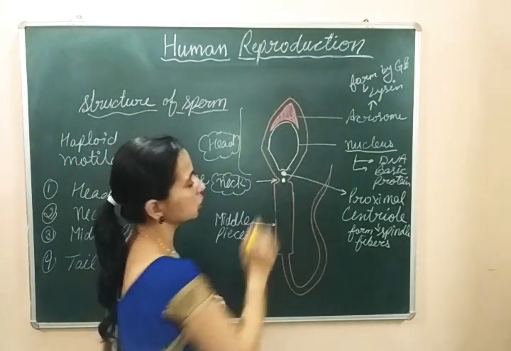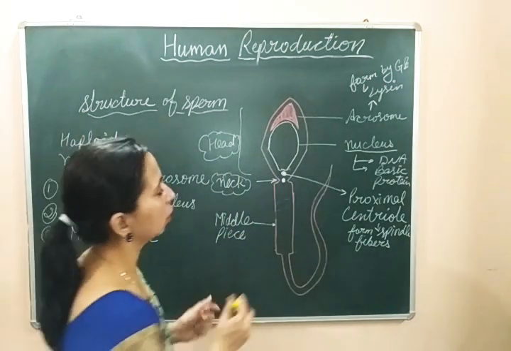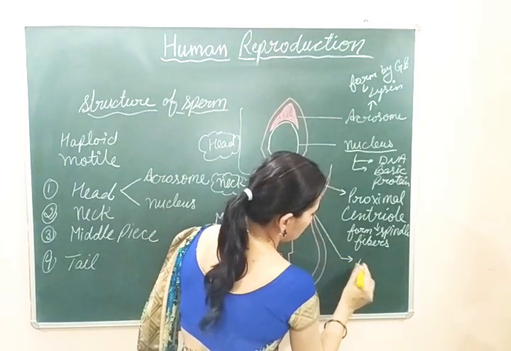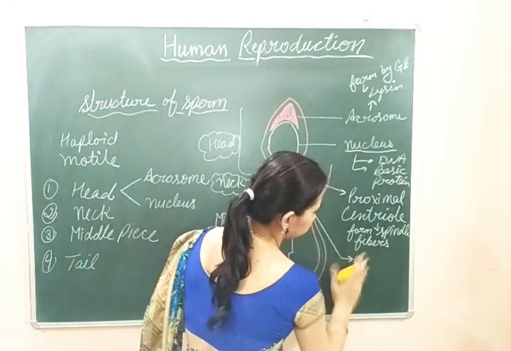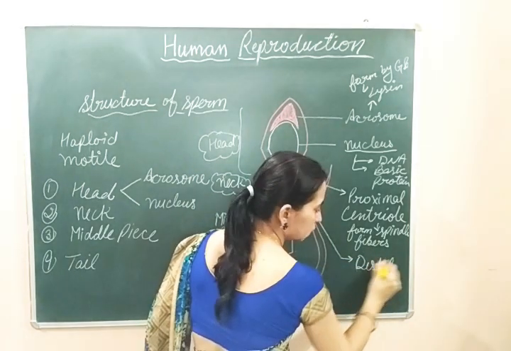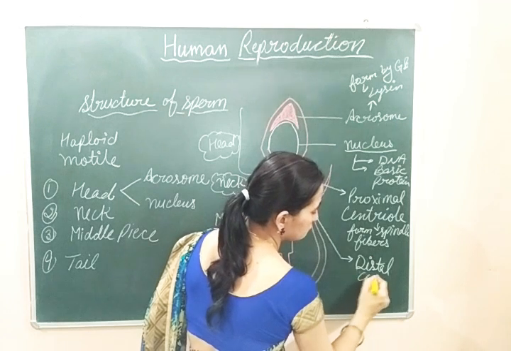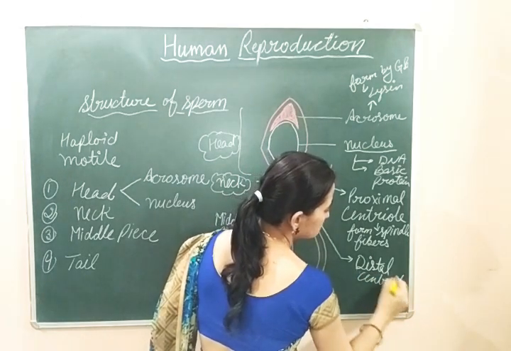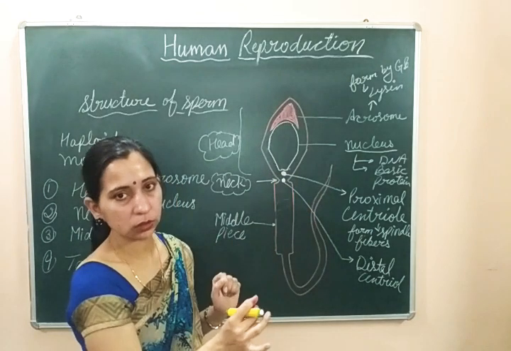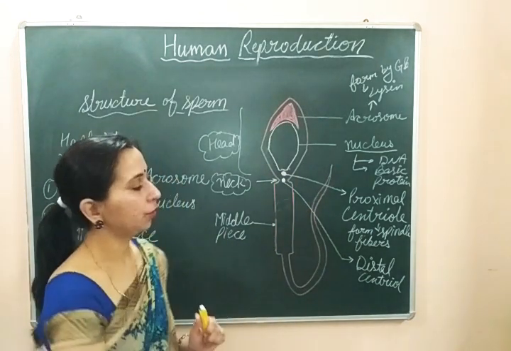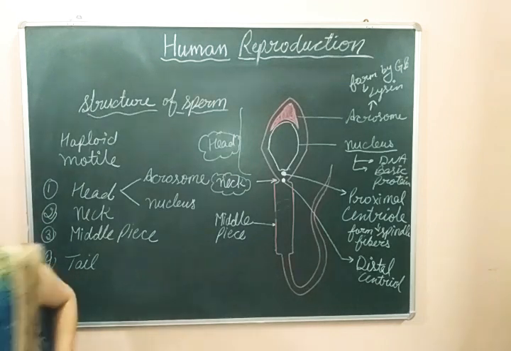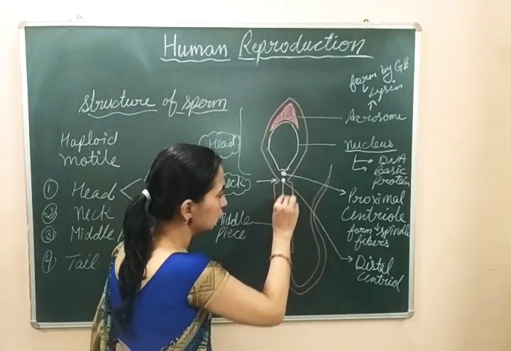And this second centriole is known as the distal centriole. The first one is the proximal centriole, the second one is the distal centriole.